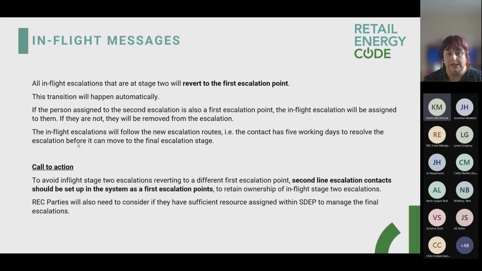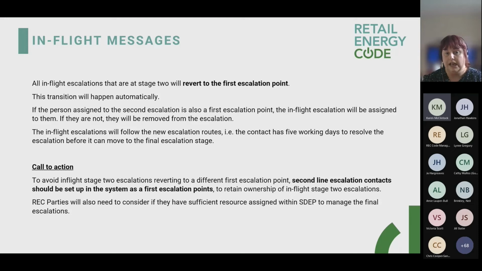That's going to happen automatically. However, it's worth being aware that if a person who is currently assigned to a second escalation is also a first escalation point for those same messages, then the in-flight escalation will be assigned to them automatically. However, if not, that person will be removed from that escalation.